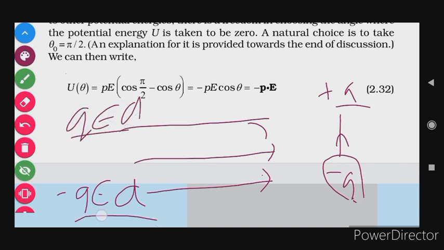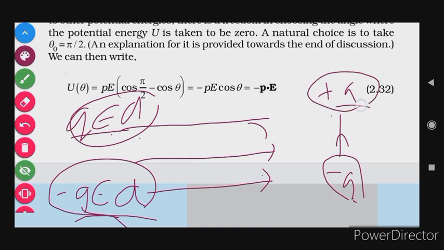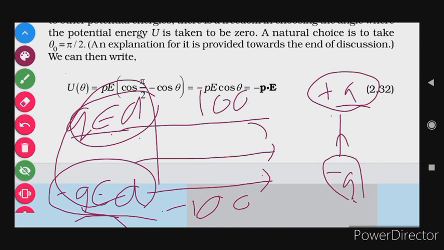You see the work done in both cases are equal but opposite in sign. Here, external work has to be done, but here the electric field itself will do the work, because the negative charge will be attracted in this direction. So the total work will be 0. Suppose 100 work is done on this charge, then minus 100 work is done on the other charge, because the distances of both are equal, so the net work will be 0.